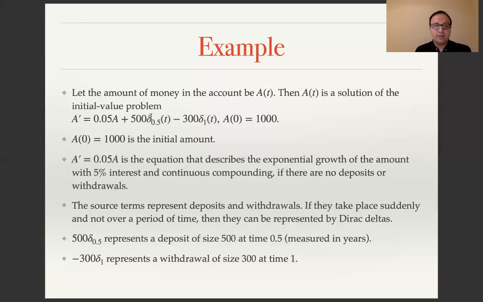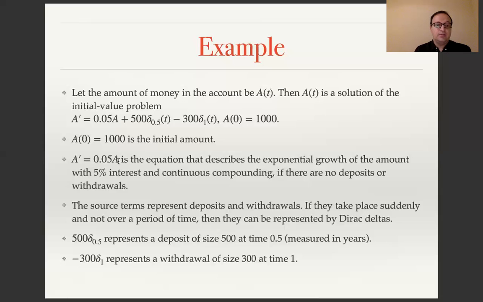So these source terms show what other interventions there are in the system other than the continuous compounding of the interest. If the equation only had the initial amount of money and continuous interest compounding, it would be A prime is equal to 0.05A.